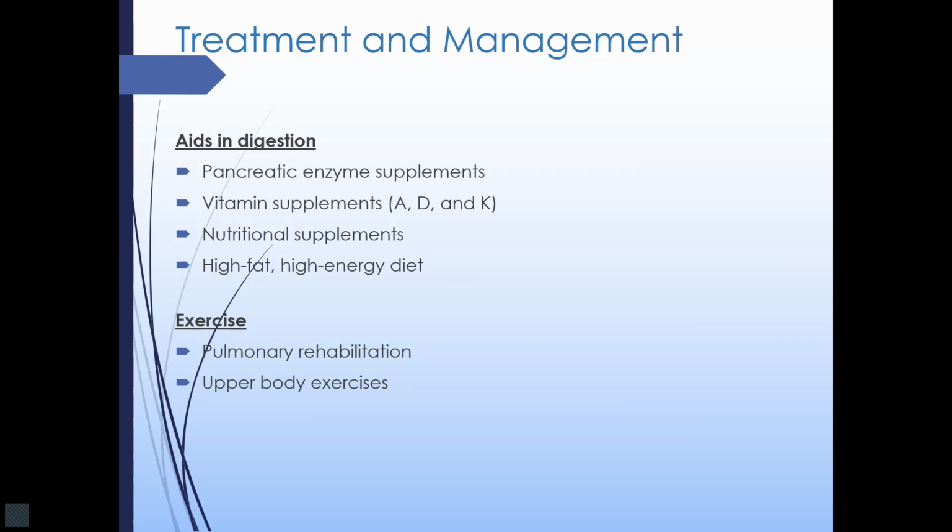Patients need to take pancreatic enzymes to help in their digestion. They need vitamin supplements A, D, and K. They are all on some type of high calorie protein drinks or high calorie milkshakes or supplements, and they eat a high fat, high energy diet, sometimes up to 3,000 calories a day, just to maintain their physiologic status.